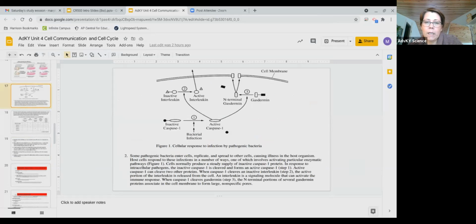So you're making a claim of how cleaving this takes it from its inactive form to the active. And then you're given reasoning of how having these inactive forms shortens the cell's response.